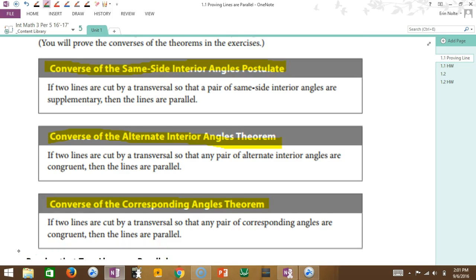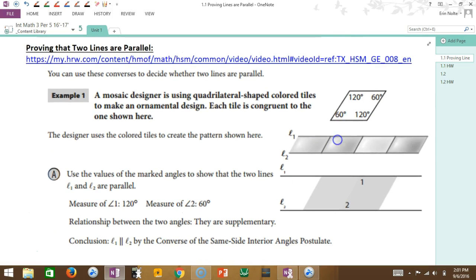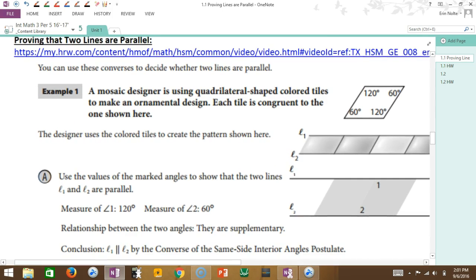All right. So here is a real world example of putting these theorems into place, or maybe a postulate, depending on which one we're talking about. We have this designer, and she's using a quadrilateral shape, which, by the way, refers to a four-sided figure.